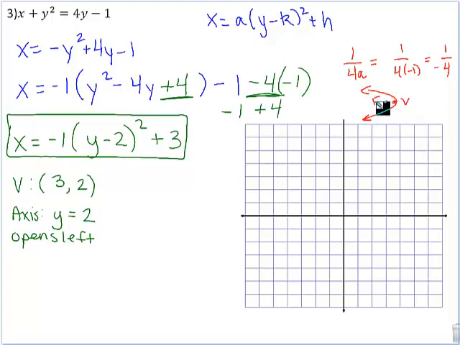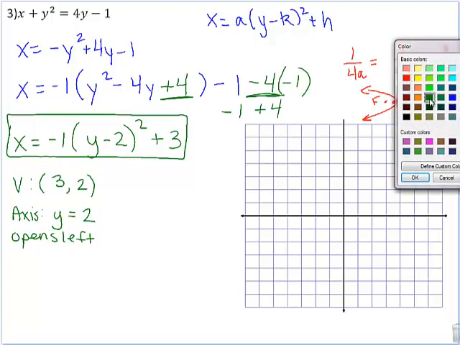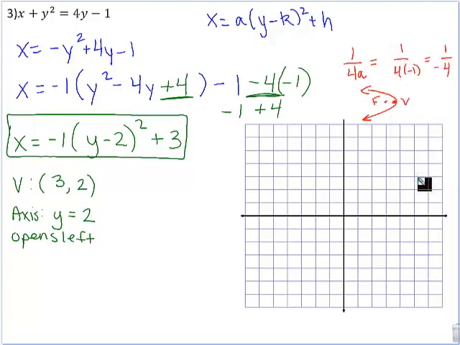To get from the vertex to the focus, we will subtract the 1/4 because it's to the left of the vertex. So 3 minus 1/4 would be 2 3/4. Your y value would stay the same.